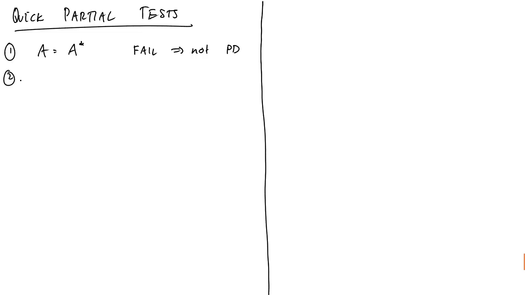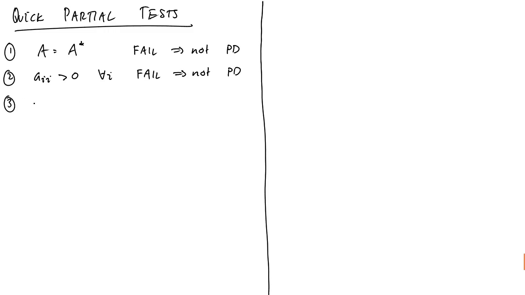Two: all the diagonal entries of A need to be positive. I'll get you to try that one out in a tutorial. If that fails, it's not positive definite.